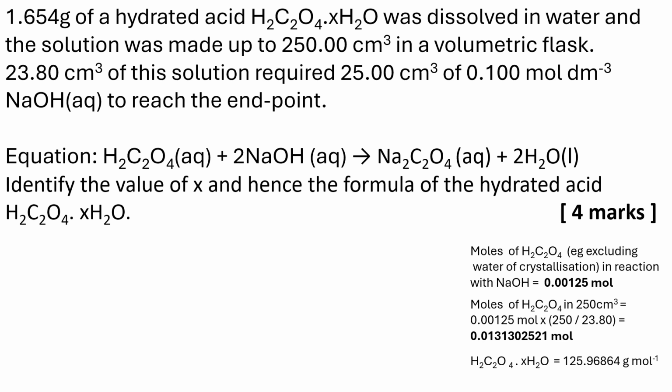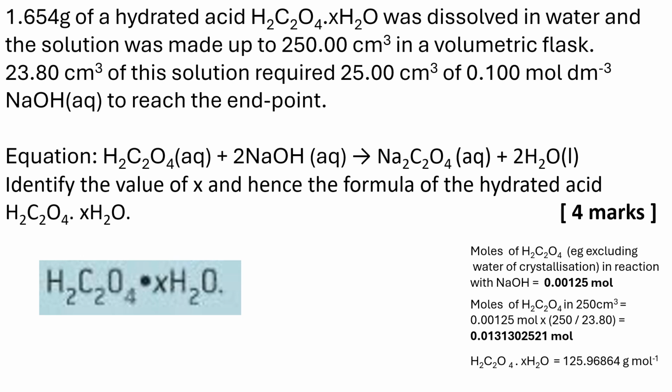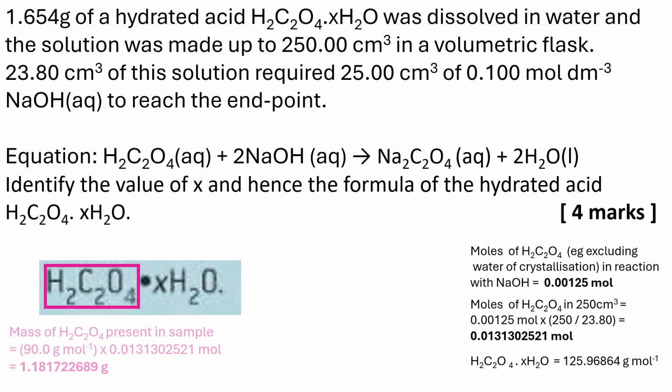Keeping all the information at the side, I'm just going to highlight the H2C2O4.xH2O because we're going to look at different parts of this formula first of all. Let's just focus on the H2C2O4 initially. Now we want the mass of that present in the sample. It's not going to be the 1.654 because there's obviously some water of crystallization.